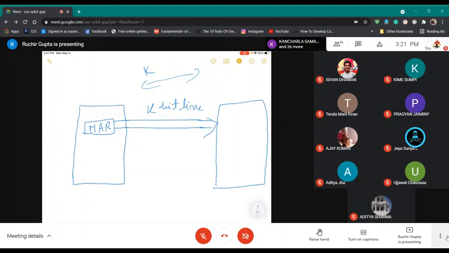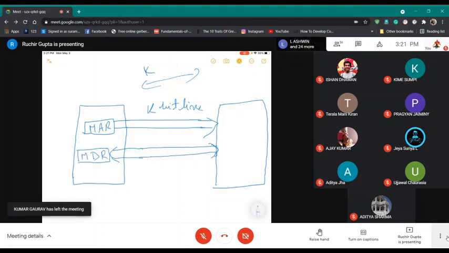Then there will be data flowing through. Here we will have another register. What will be the name of that register? MDR, precisely. That is the memory data register.